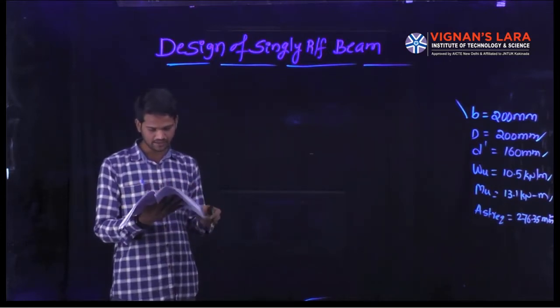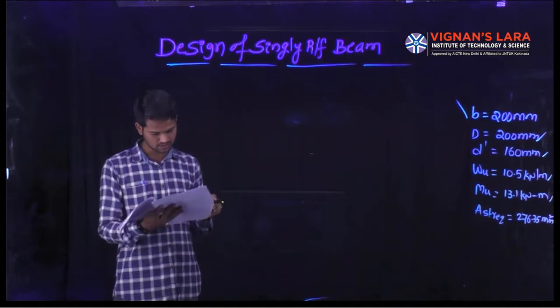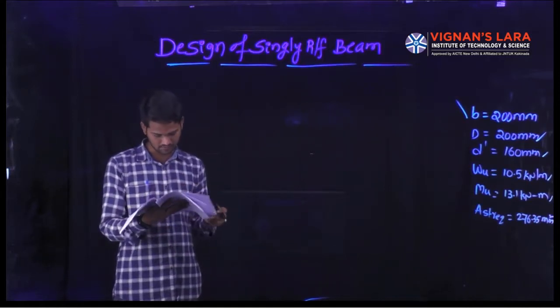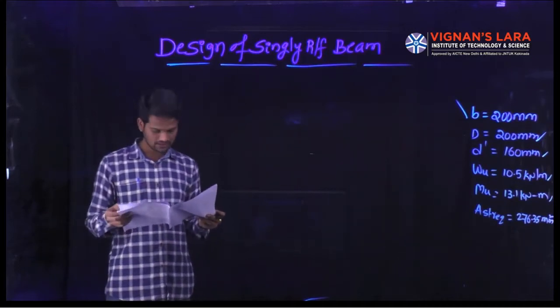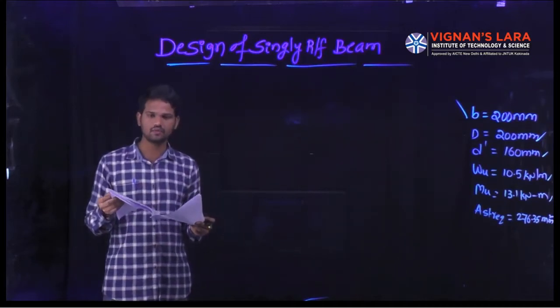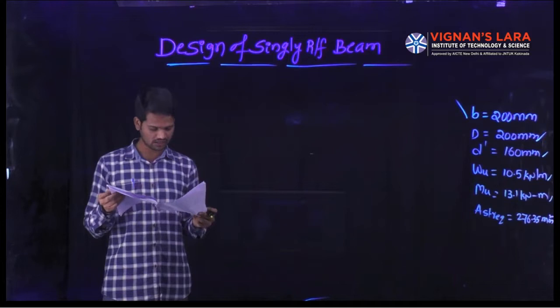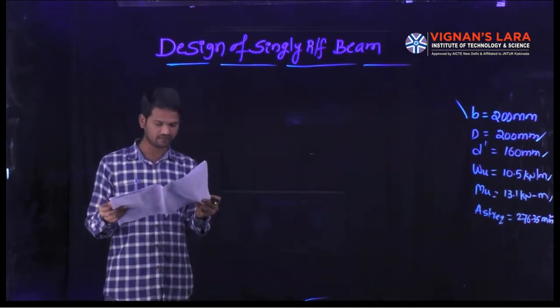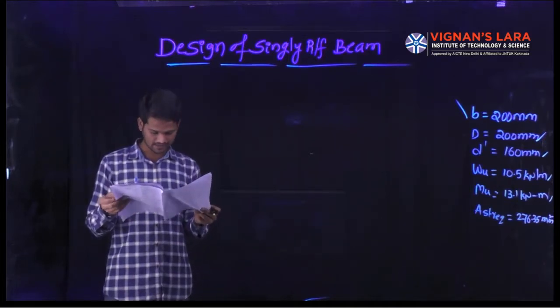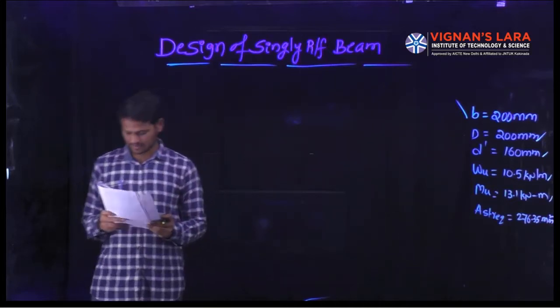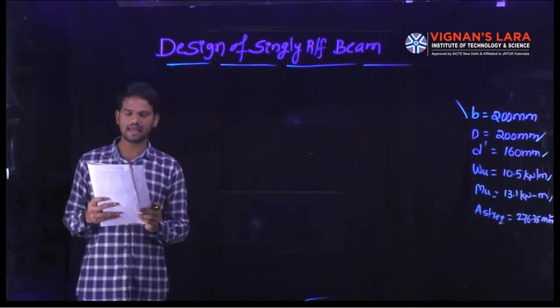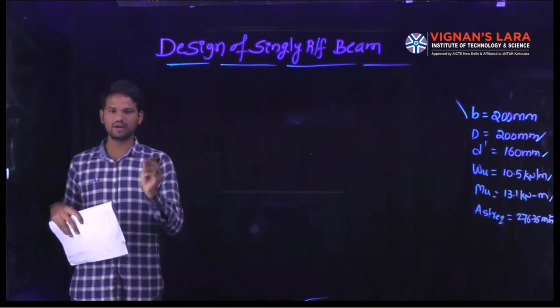Next, I will write the step number and clause number. In IS 456, the area of minimum reinforcement and maximum reinforcement are taken from page number 47, clause number 26.5.1.1. Here I am writing the page number and clause number, and the details.